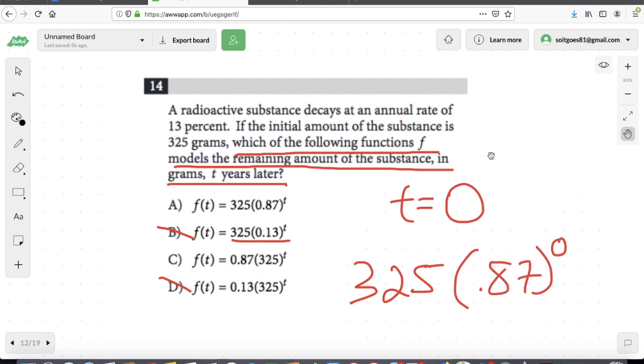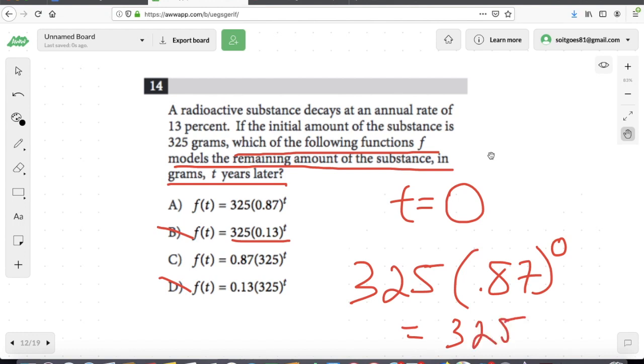And we went over this in the last session. What's anything raised to the power of 0? Oh gosh, it means it's being divided by itself, basically. So then it would be 1. Anything to the power of 0 is 1. So that's 325 times 1, which is what? It's 325. 325. Does that make sense?